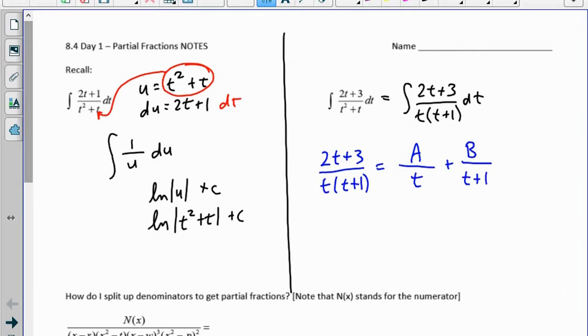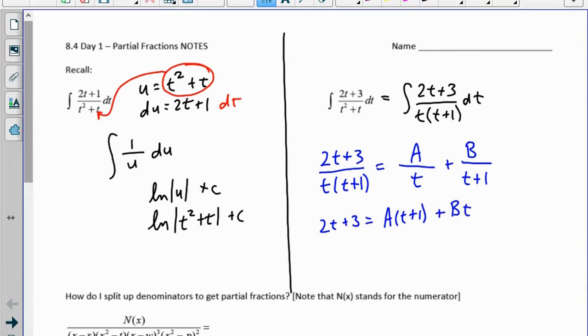So if I do that, I can basically get a common denominator. And then once I do that, basically multiply through by the common denominator, I end up getting 2t plus 3 on the left. And then when I look at the right, if I multiply through by the common denominator, I'll get a times t plus 1 and b times t. So notice the common denominator would be t times t plus 1.